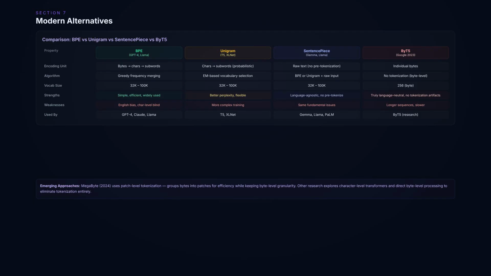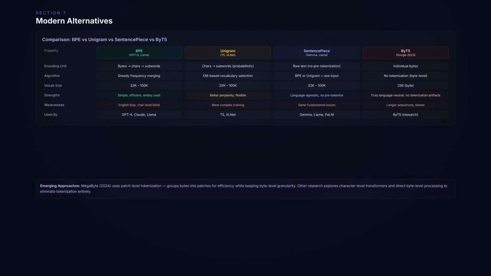Then there's byte-level tokenization. ByT5 uses raw UTF-8 bytes, just 256 possible tokens. No training needed, no language bias. And it completely solves the strawberry problem because the model sees every single byte. The trade-off? Sequences become 2 to 4 times longer, which means more computation.